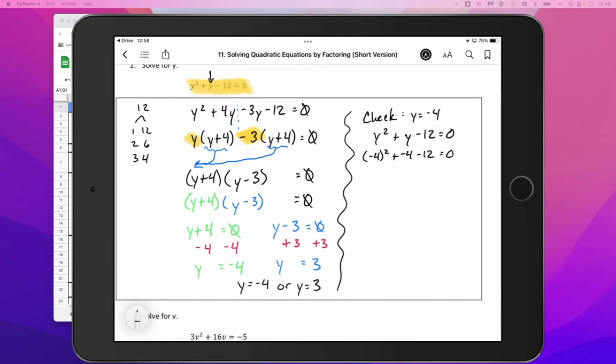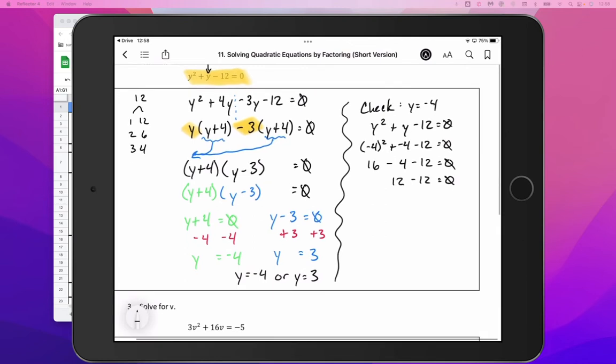Negative 4 squared makes 16. And then the signs will turn into a minus 4, minus 12. 16 minus 4 is 12. And 12 minus 12 is 0. So negative 4 does work. Negative 4 is a solution. And we're also going to check y equals 3.